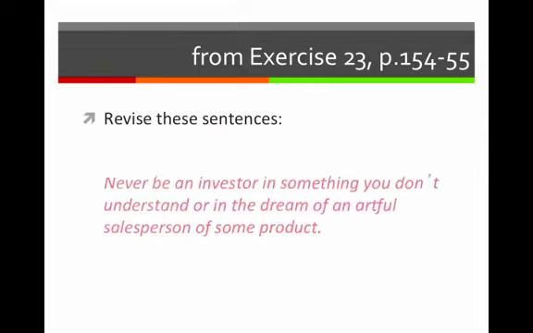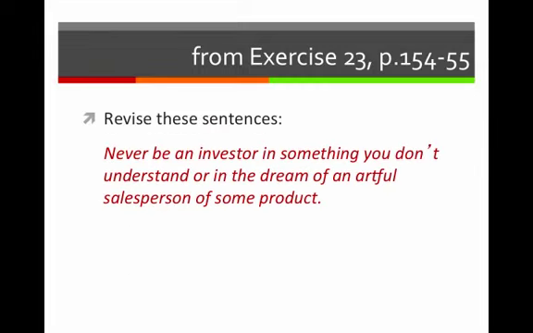How would you revise this sentence? "Never be an investor in something you don't understand or in the dream of an artful salesperson of some product." What's wrong here? Where are the prepositional phrases? Well, we've got "in something," "in the dream of an artful salesperson of some product."